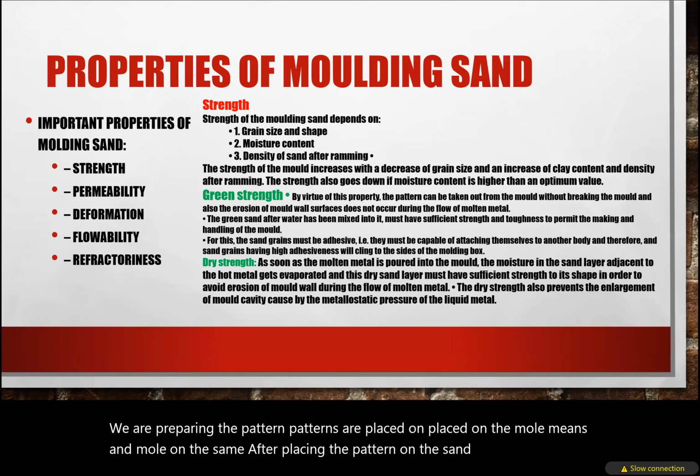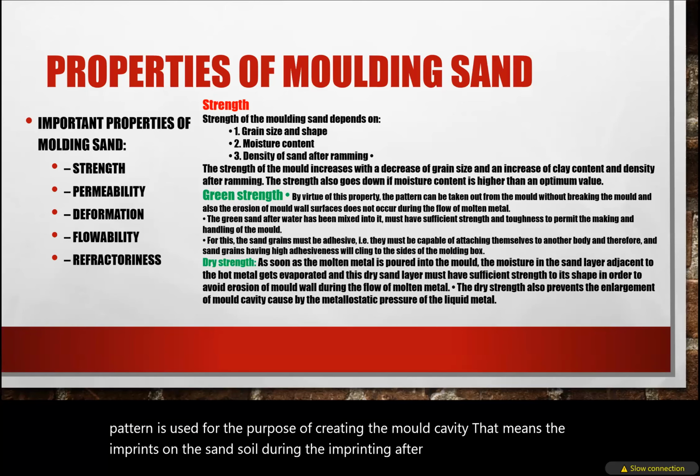The imprint is done on the sand. During the removal of the pattern, the walls of the mold cavity cannot be broken. The walls of the sand cannot be broken. That is green strength.